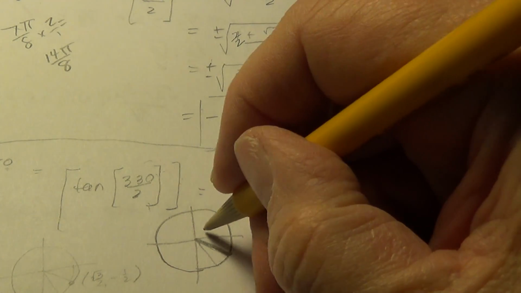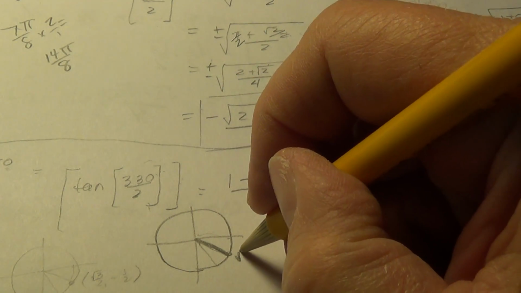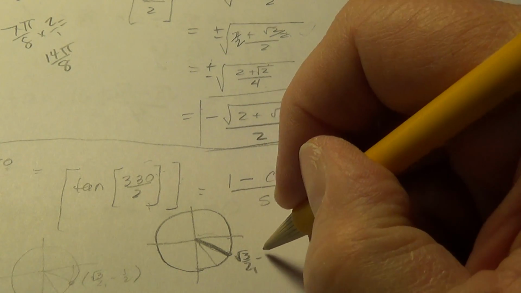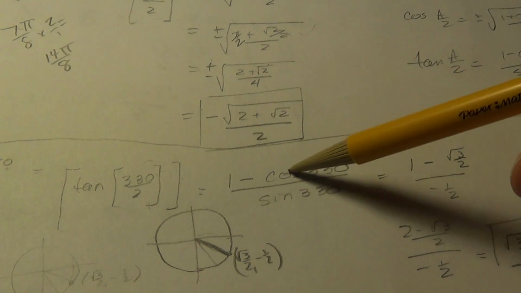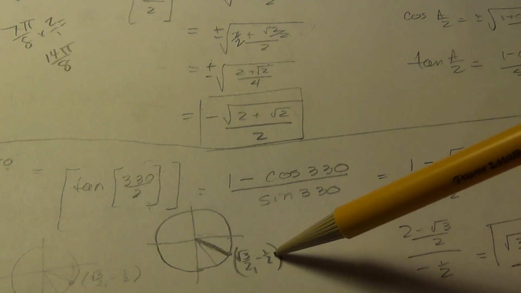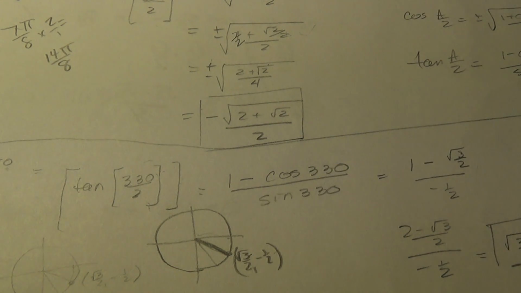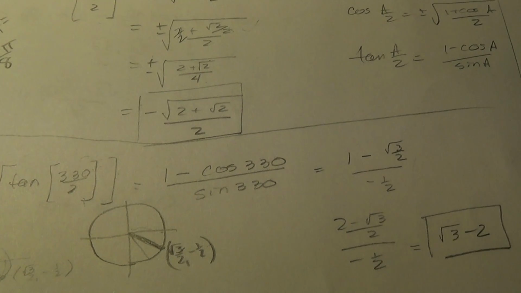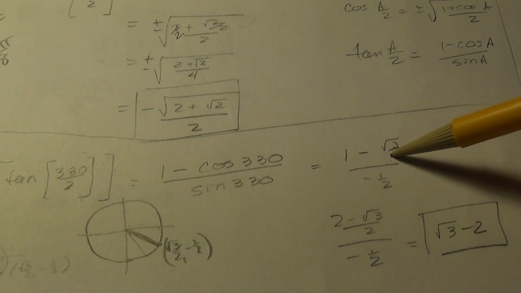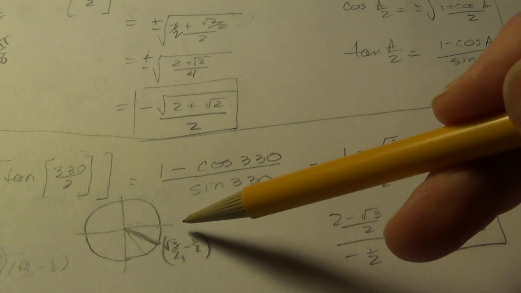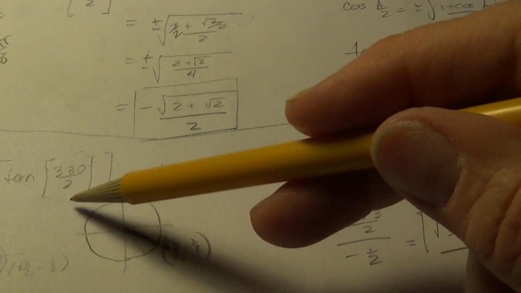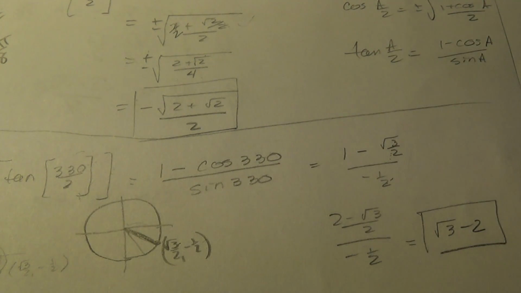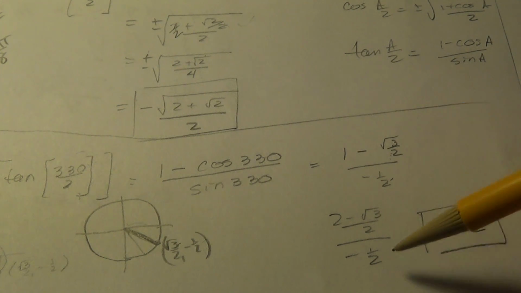So this, I know I go over the long and down the short. So that tells me that the cosine of 330 right there is the first coordinate, square root of 3 over 2. So that's where I got that value. Then the sine of 330 is the second value. That's where I got that. So you'll have to pull that out of thin air, which you have been used to doing.